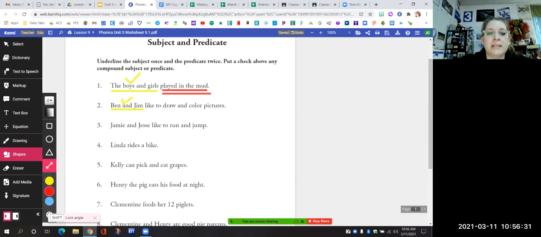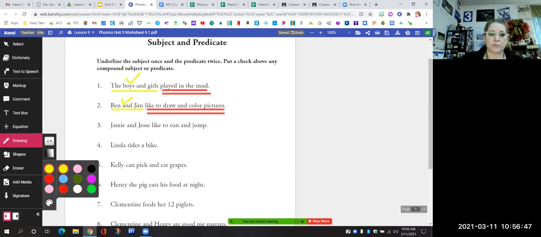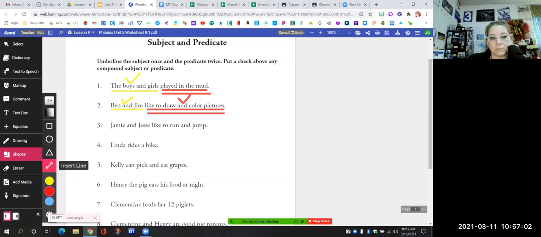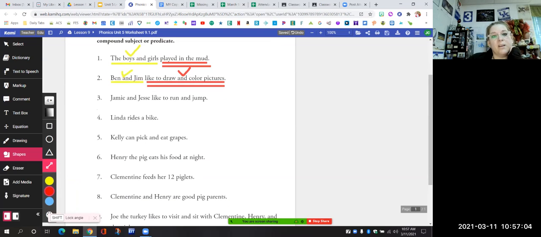What do Ben and Jim like to do? They like to draw and color pictures. Okay, so is that simple or compound? It says they like to draw and color pictures. So that means that there are 2 things there. So that is compound. Let's do one more together.